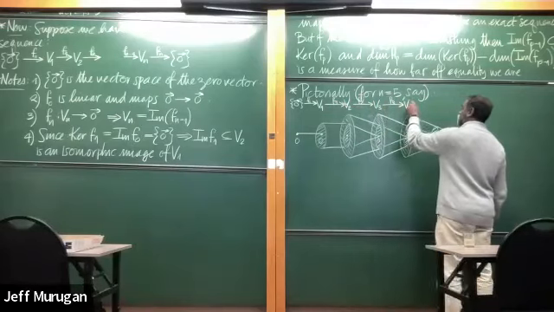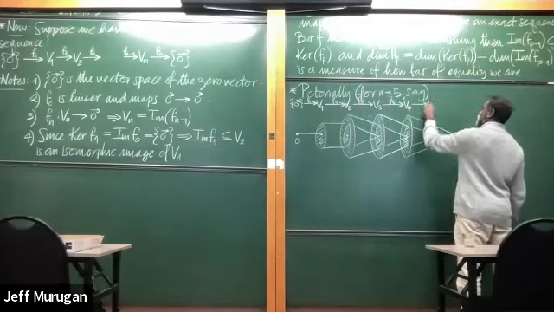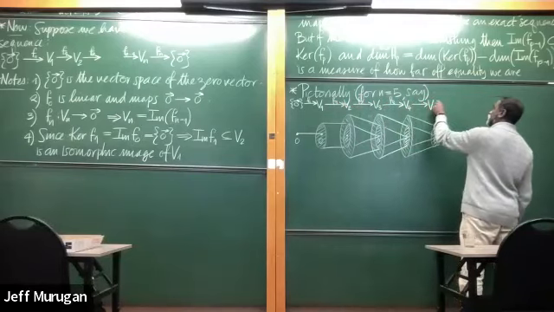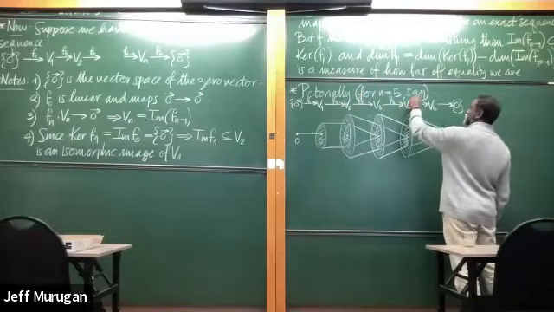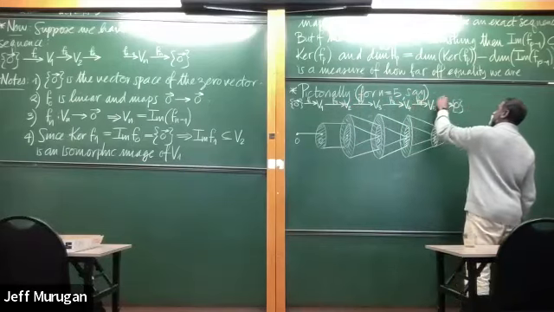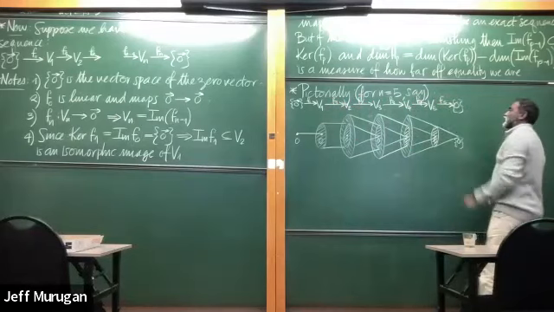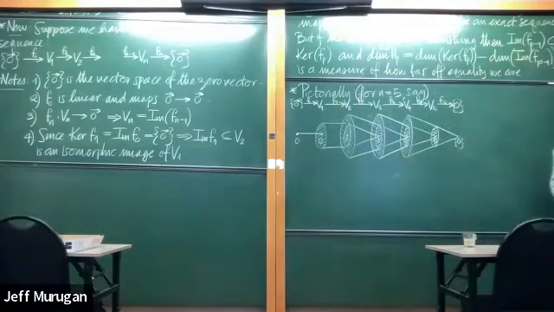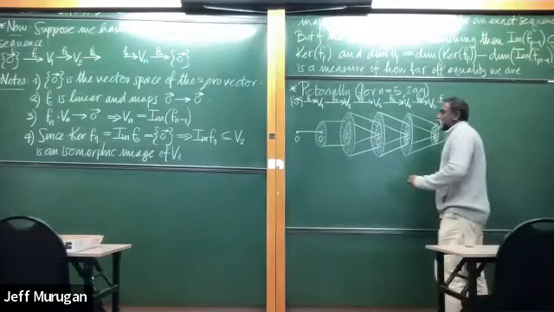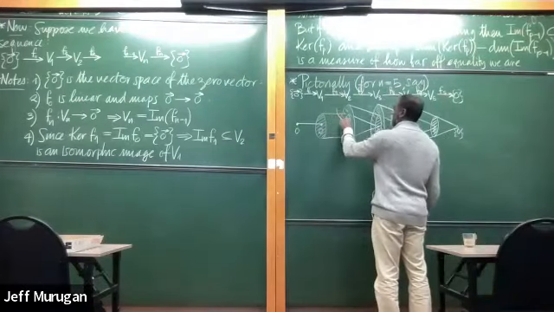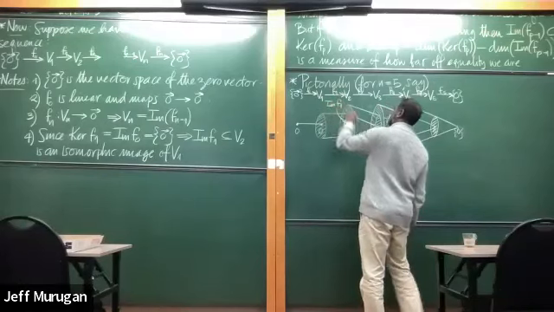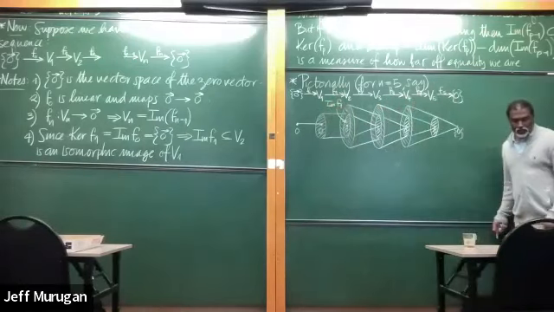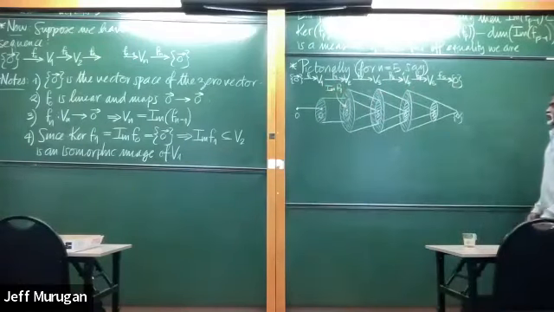F3 maps us to B4, F4 to B5. The image of F1, etc.